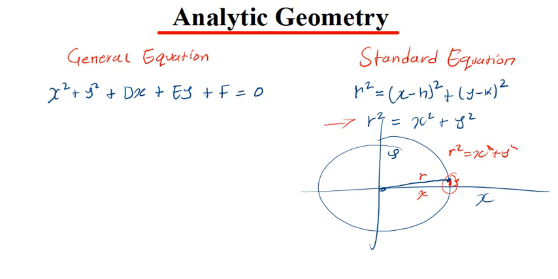Now you might wonder, what do the h and the k mean? Does anyone know where the h and the k are coming from? Do we have anyone who has an idea of where the h and the k come from?